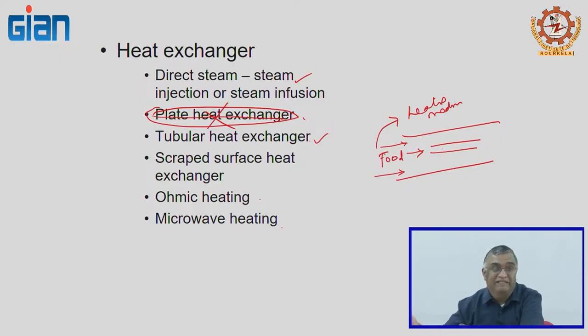The scraped surface heat exchanger is going to be similar, but inside here you are going to add another rod, and that rod has some type of scraping blade. So, when the fluid is passing through, this rod is going to rotate at a certain RPM, and it is going to scrape the interior surface of your heat exchanger.